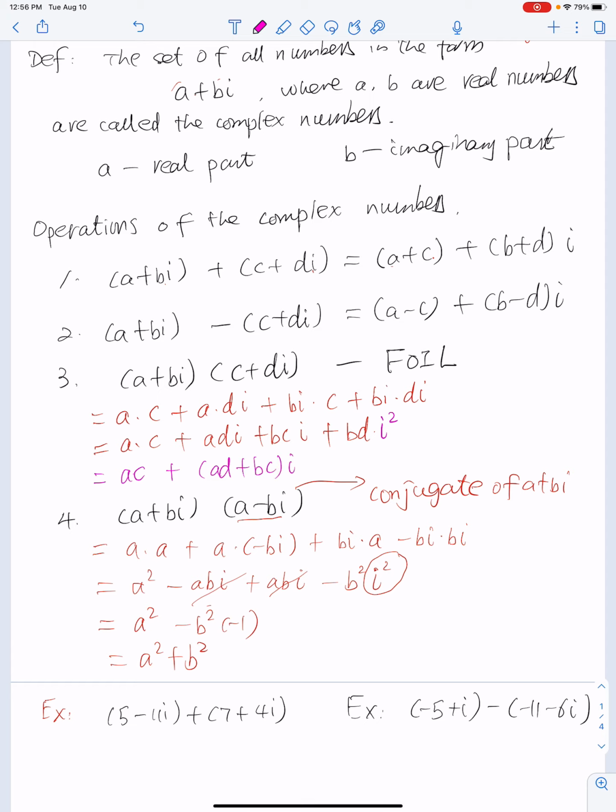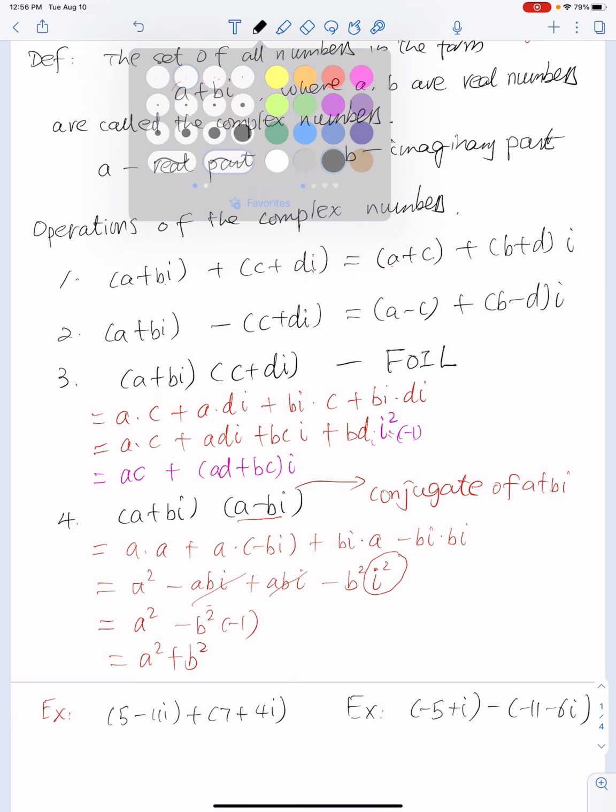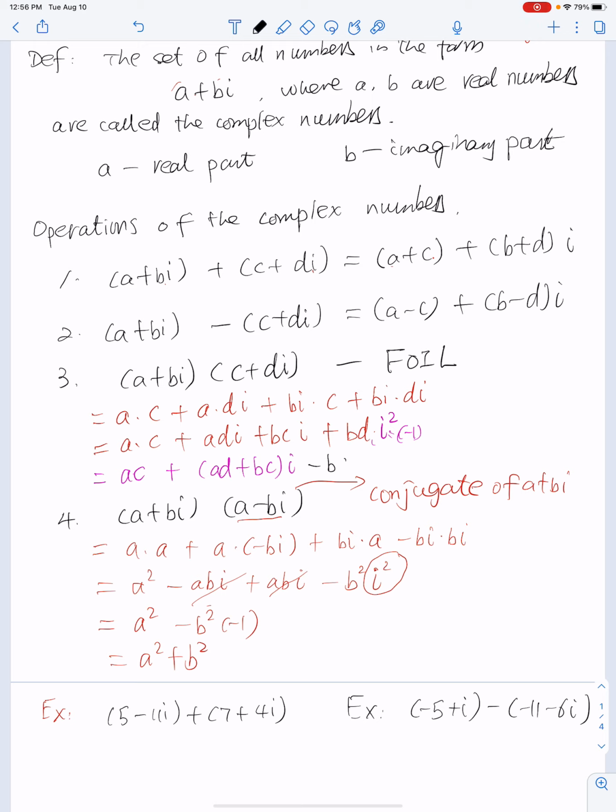Yeah, so you both have i. What is here? i square become what? -1. Yeah, so what do we have here? It will be minus bd, because -1 times bd is negative bd. So what do we have? ac minus bd plus ad plus bc i.